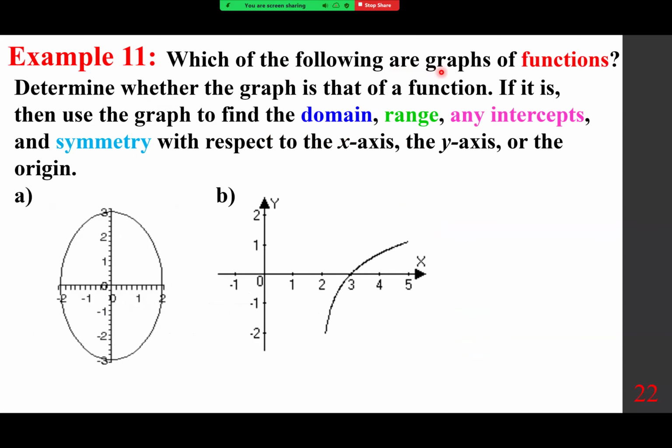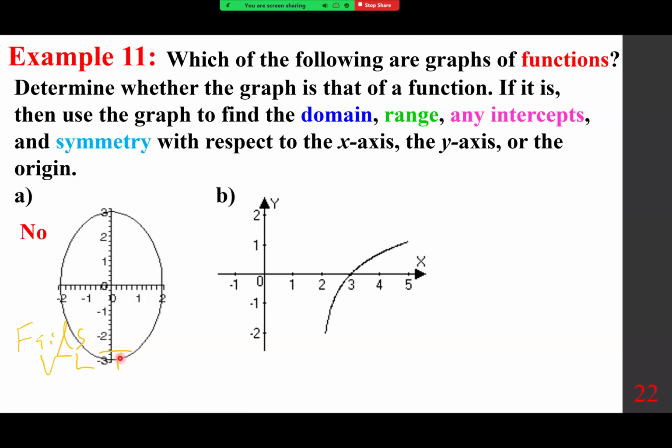Which of the following are graphs of functions? So let's quickly answer that part. This is not a function, because it fails the vertical line test, VLT.